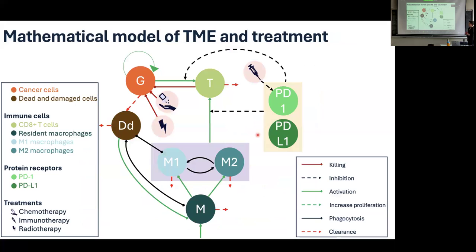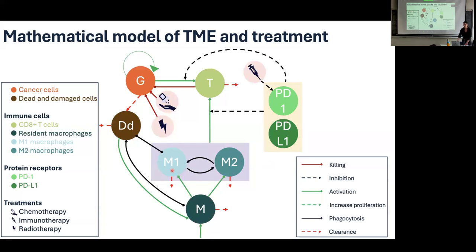And so what Blanche has done, which looks not as nice as it does on my screen, is to build now a more standard ODE type model of all of these interactions. So you have glioblastoma cells that can die through the impact of M1, so those anti-tumoral macrophages.